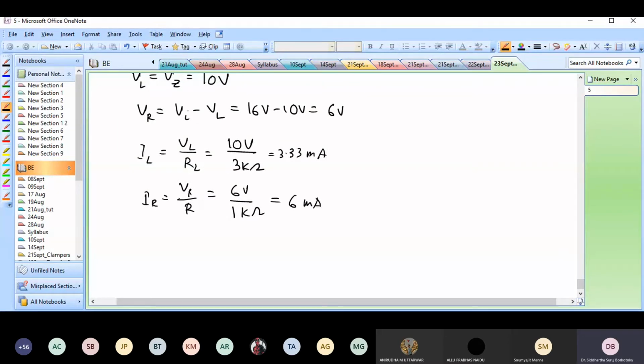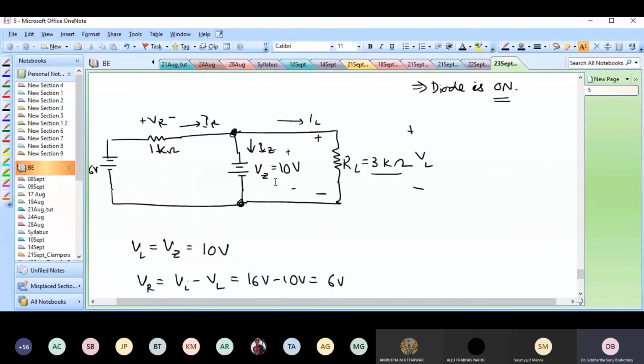And then, what is IZ? What is the zener current? If you apply KCL, you will know that IR should be equal to IZ plus IL, so IZ should be IR minus IL.